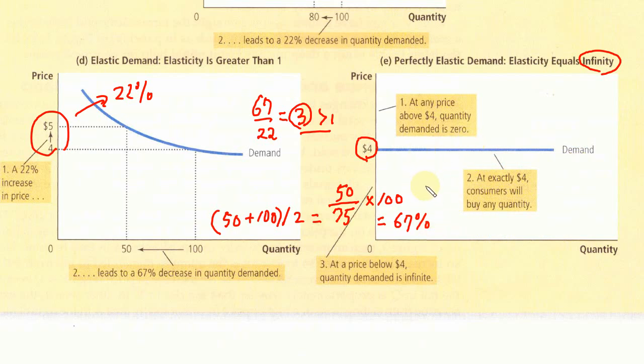This is a perfectly elastic case. And at any price above this, there is no demand; demand is 0. At a price below 4, the quantity demanded is infinite.